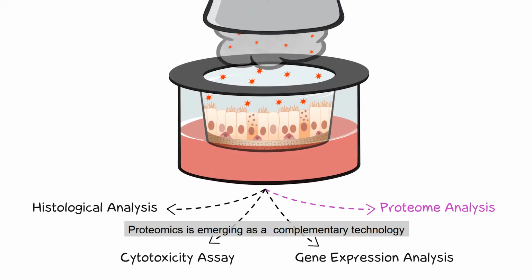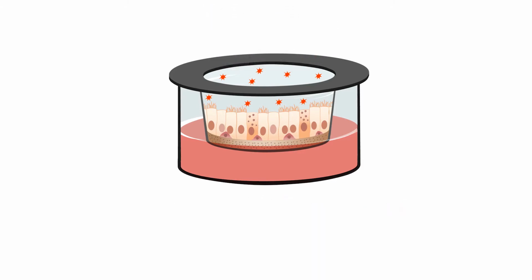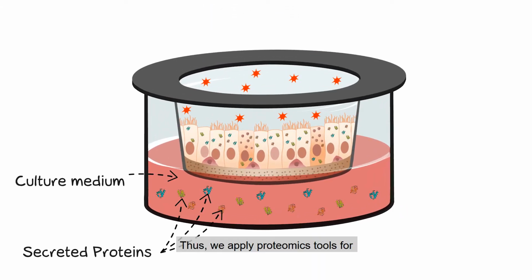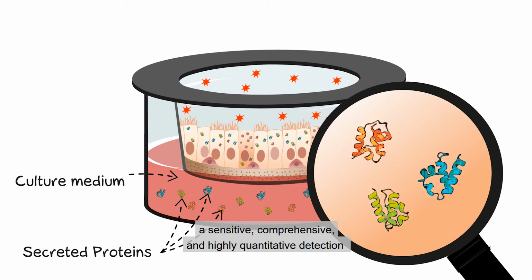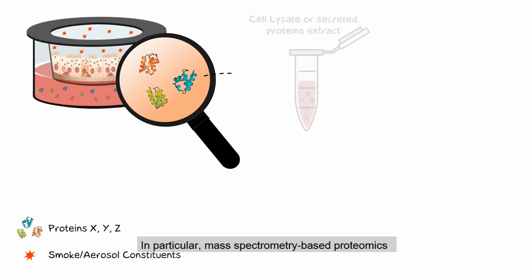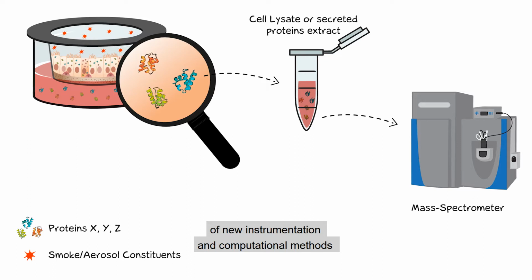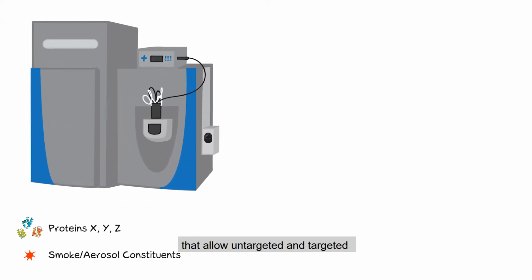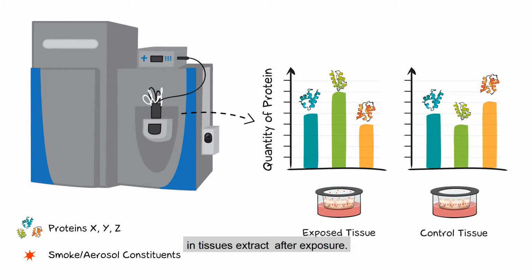Proteomics is emerging as a complementary technology for mechanistic toxicology assessment. Thus, we apply proteomics tools for a sensitive, comprehensive, and highly quantitative detection of proteins in tissues and cells and their secretome. In particular, mass spectrometry-based proteomics is rapidly evolving through the development of new instrumentation and computational methods that allow untargeted and targeted abundance quantification of thousands of proteins in tissue extracts after exposure.